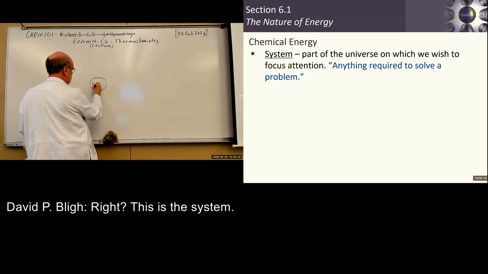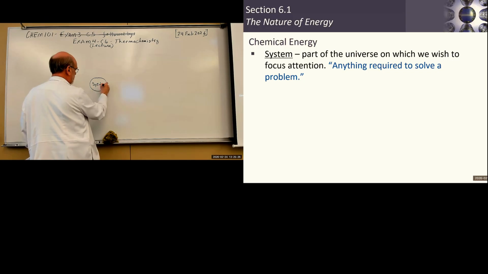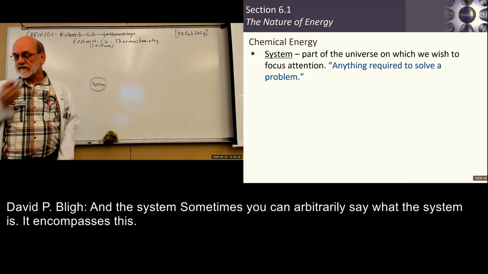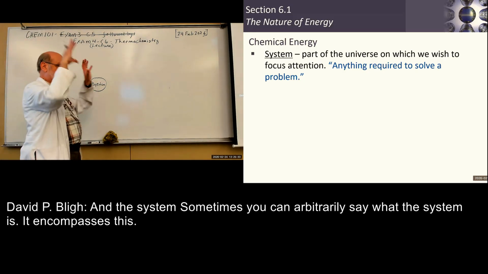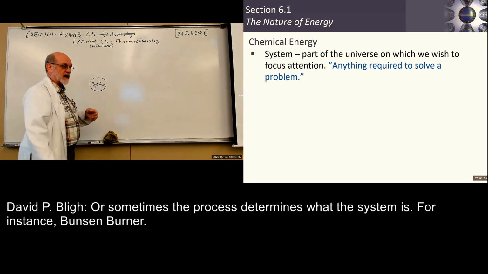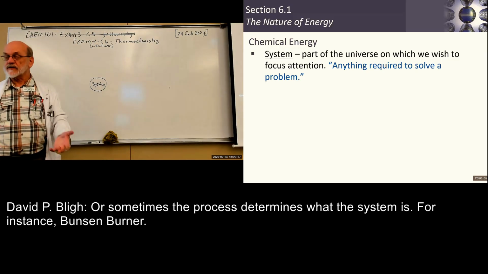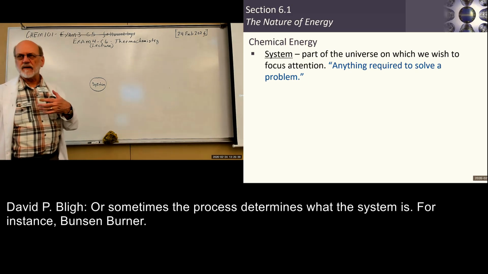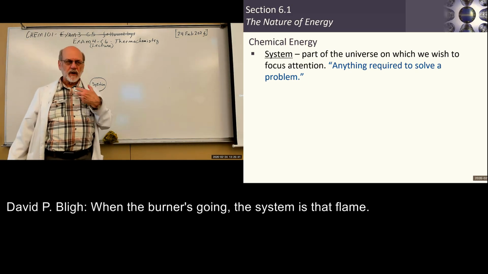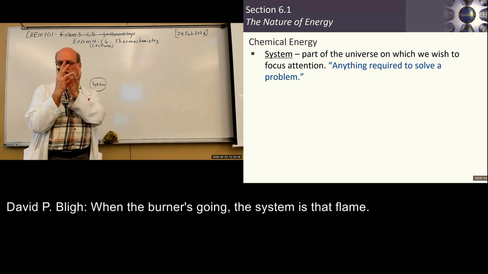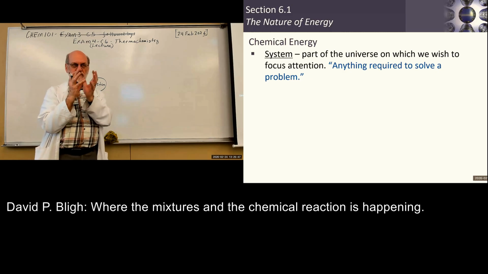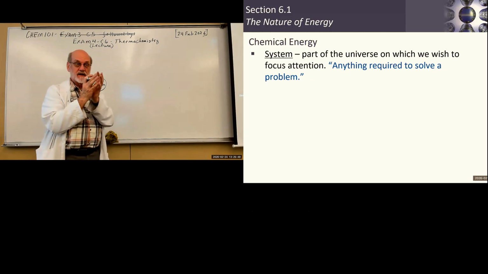Right. This is the system. And the system, sometimes you can arbitrarily say what the system is. It encompasses this, or sometimes the process determines what the system is. For instance, Bunsen burner. When the burner's going, the system is that flame where the mixture is and the chemical reaction is happening.